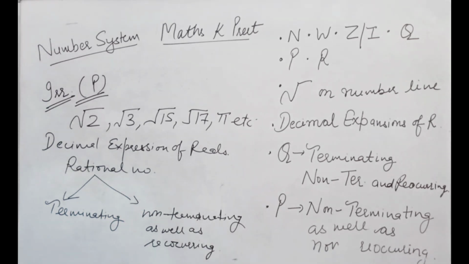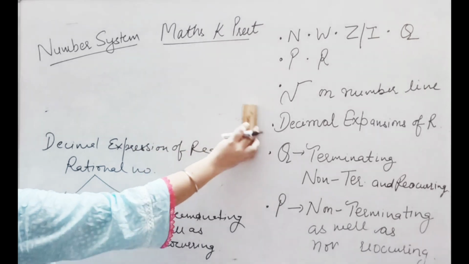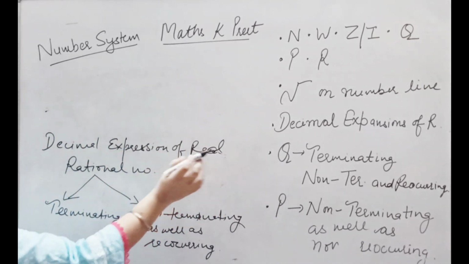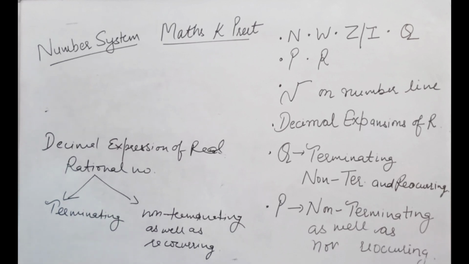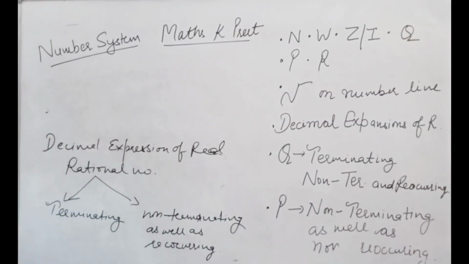What does it mean? So rational numbers are what? In decimal expressions, rational numbers may be terminating, otherwise non-terminating as well as reoccurring. What do we mean by terminating?